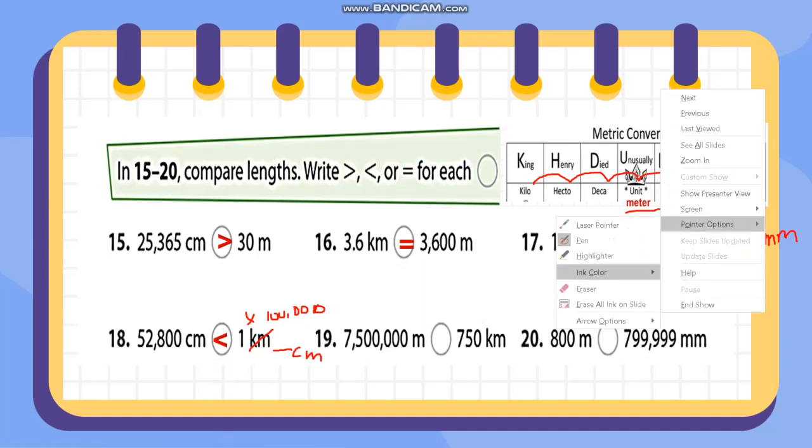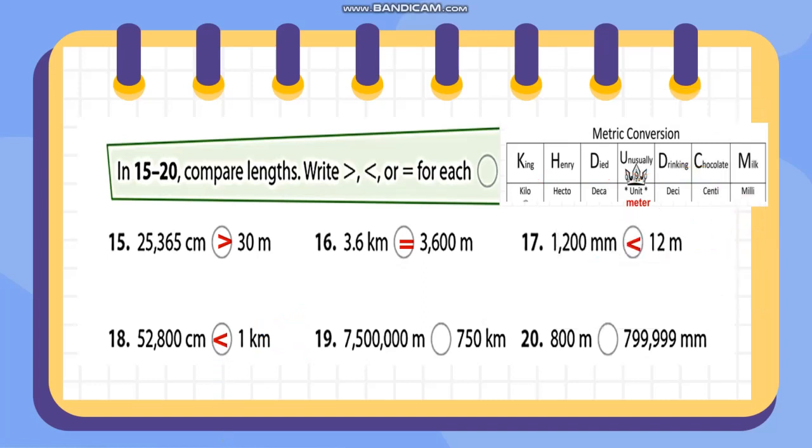Another example, 7,500,000 meter compared to 750 kilometers. So I need to change kilometer into meter before I compare. Kilometer to meter is how many? Tens, hundreds, thousands.